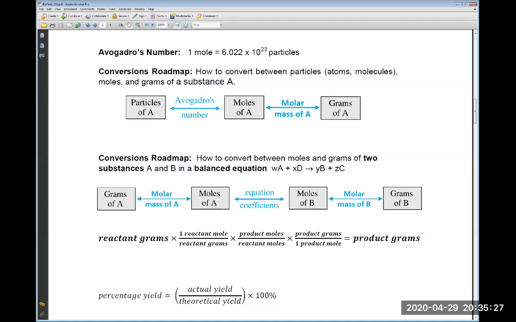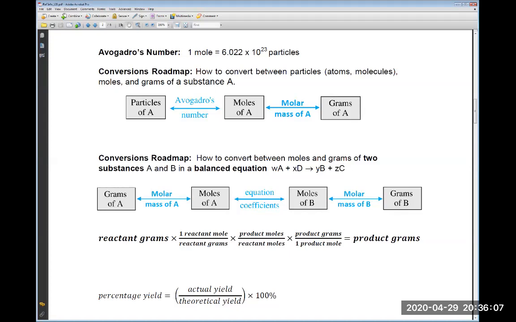So for this, you will need a balanced equation, for example, with coefficient W, formula A, plus coefficient X, formula D, gives coefficient Y, formula B, plus coefficient Z, formula C. So let's say you have a balanced equation of that type, and for example, you have grams of A, you want to find the amount of grams of B following this balanced equation, and this is the roadmap that would show you the way to do this. You would follow that roadmap.